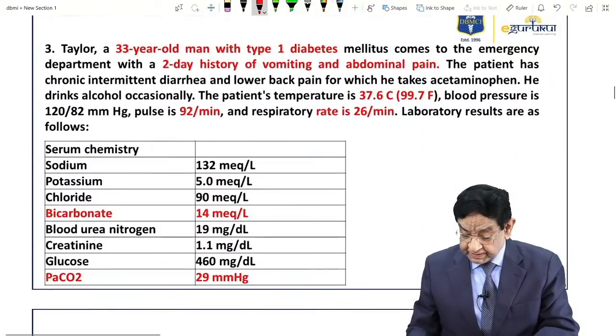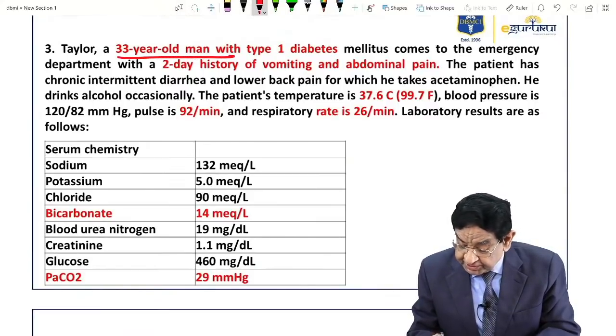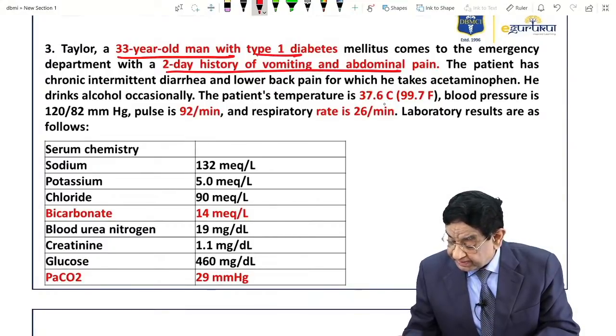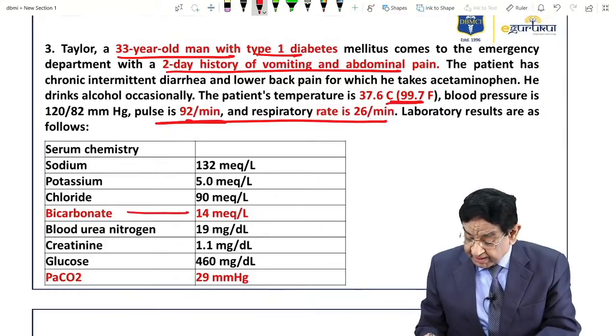So let's talk about question number 3. A 33-year-old man, type 1 diabetes, has a 2-day history of vomiting and pain in the abdomen. Temperature is a little high, pulse is increased, respiratory rate is increased, bicarb is reduced, potassium is in the normal range.